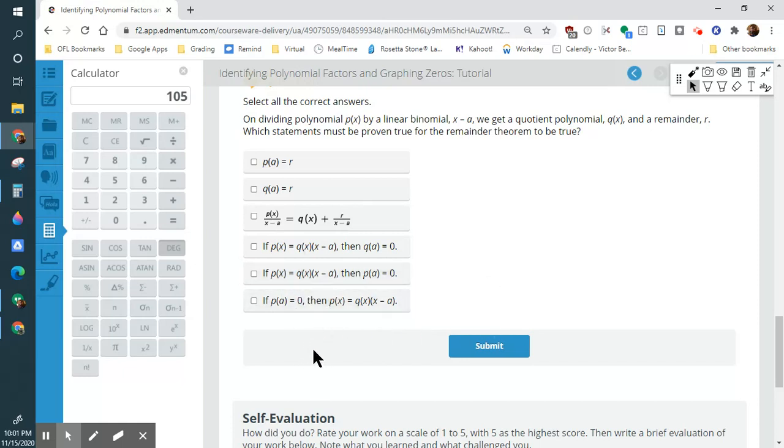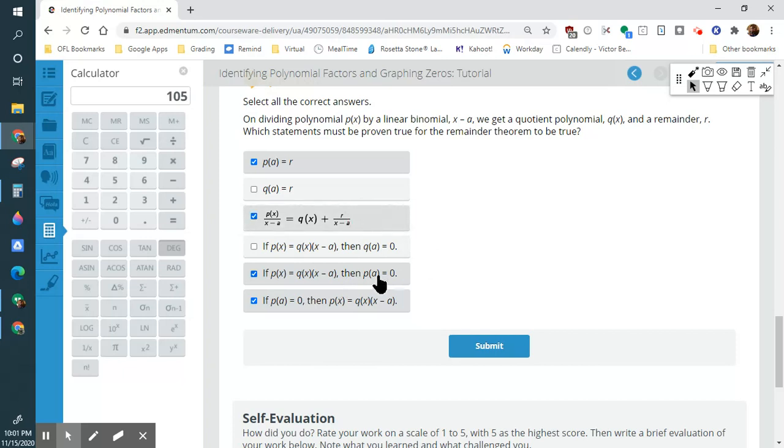Oh, can't do it the other way around. So if you plug it in and you get 0, then you can't say the other way around. You can't assume it. Or is it both? I'm going to go for both. It makes sense. If it's one way, it should be the other way.